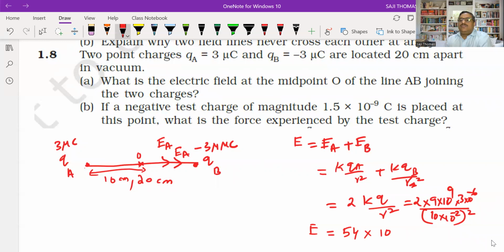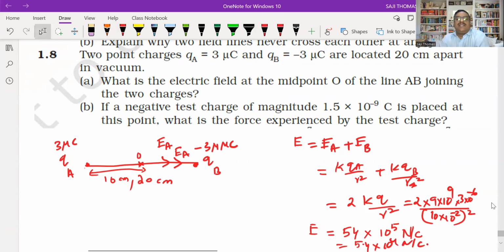Then the denominator is 10 square into 10 raised to minus 4, so 10 raised to minus 2. So it will come to 5.4 into 10 raised to 5. What is the unit? Newton per coulomb. It is 5.4 into 10 raised to 5 Newton per coulomb. This is the electric field.